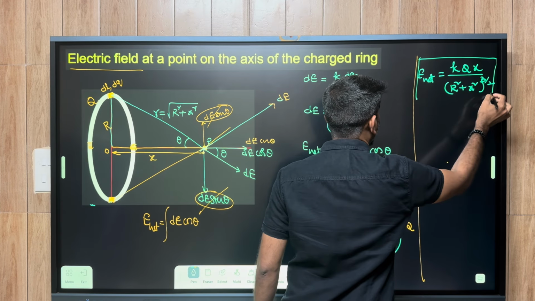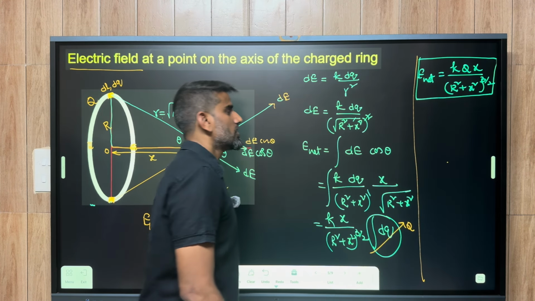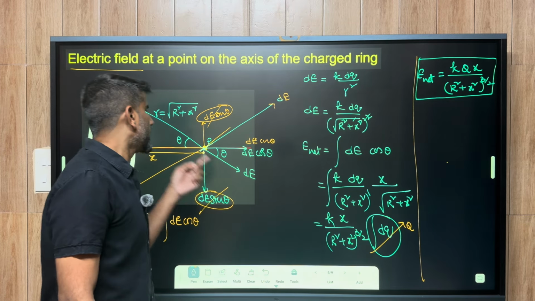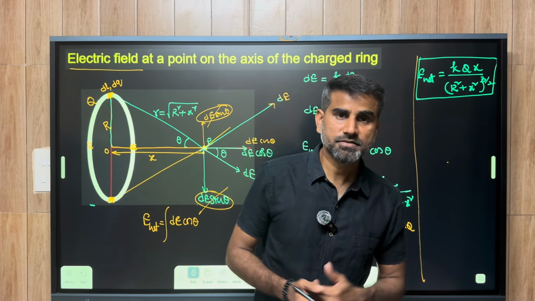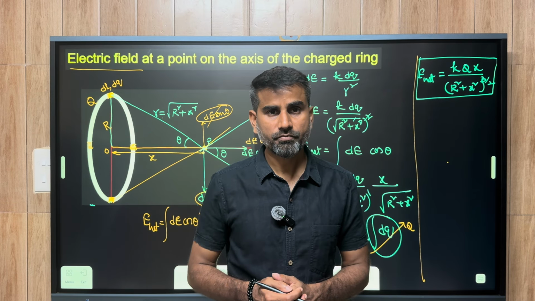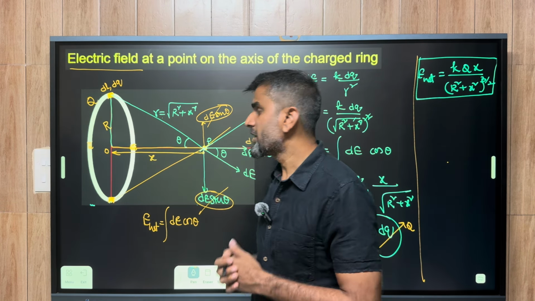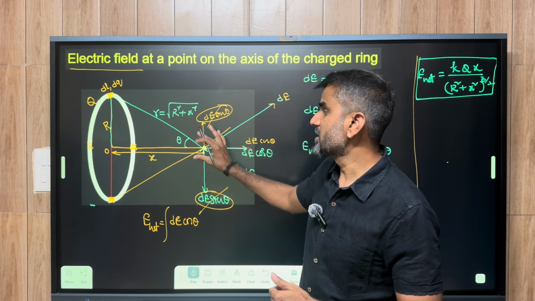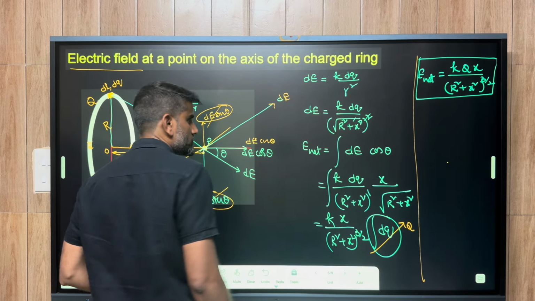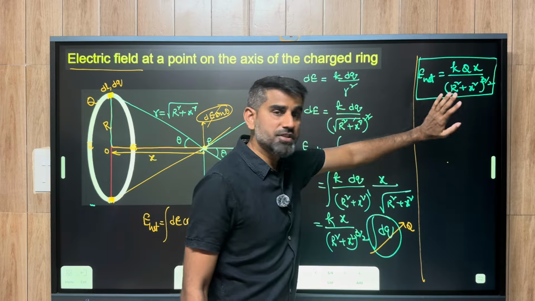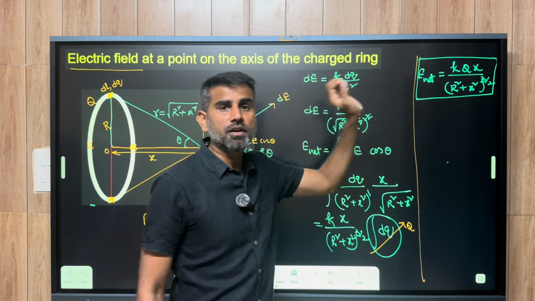This is a very important result, which is the required electric field at a point on the axis of a charged ring. Many questions have been asked from this concept. So this is a very good result, which is to be remembered.